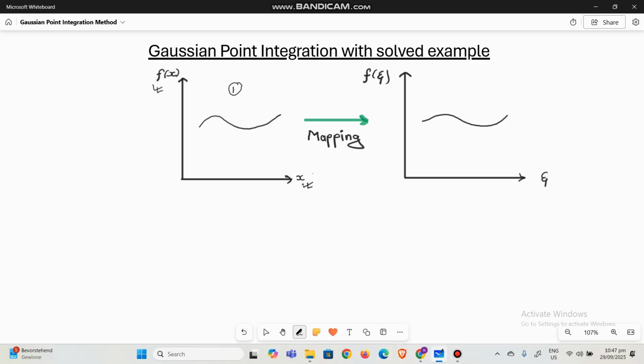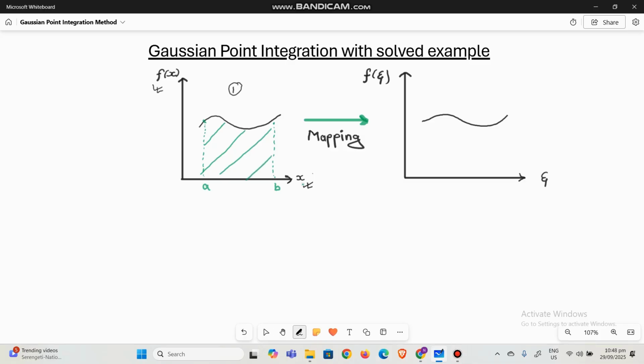Then the main point about integration is finding the area under the curve. For example, let's say we want to find area under this curve from point A to point B. Let's say we are interested in finding the area under this domain.